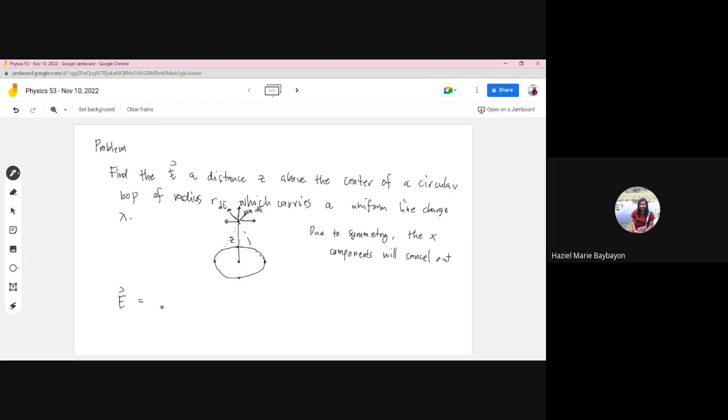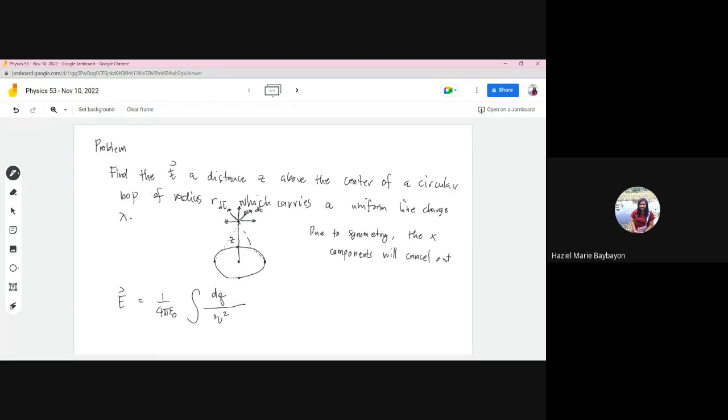So, the electric field is equal to 1 over 4 pi epsilon naught, you have the integral of dq, where dq is just equal to lambda dl. Okay? So, nakay 1/4 pi epsilon naught dq over r squared. And then, as you can see, your z component is adjacent to your angle theta. Asa ganyan ang theta, class?